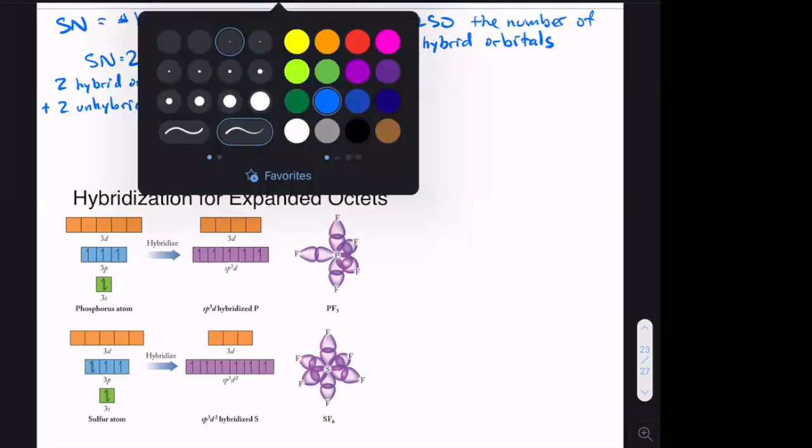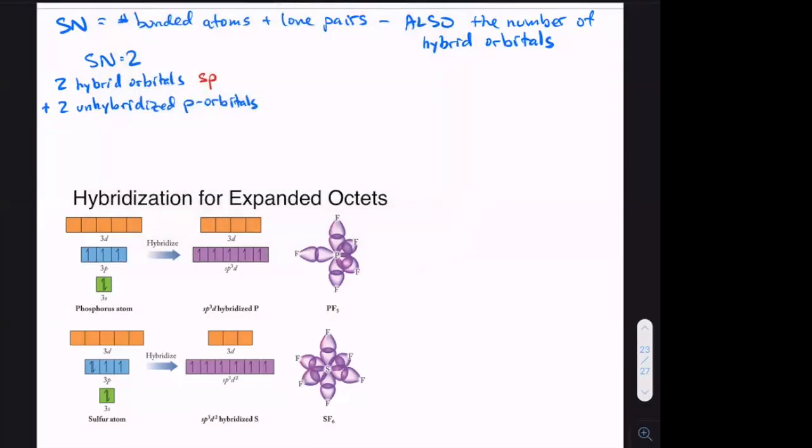And the example that I showed you for SN of 2 was acetylene. So let's just put what the example was here. And from that, you can get a triple bond. You don't always have to have a triple bond.